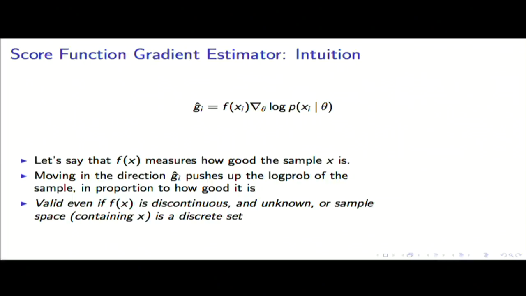If we move in the direction of g hat, that's our gradient estimator, we're increasing the expectation. So the intuition is, if we move in this direction, it'll push up the log probability of the sample x sub i proportionally to how good that sample was. So we're pushing up the log probability of the good samples by a lot.